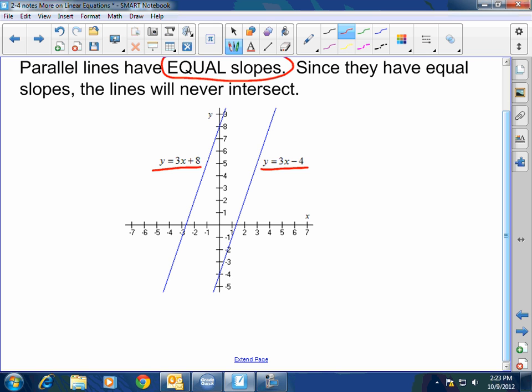When the slopes are the same and the y-intercepts are different, they are called parallel lines, and they will never intersect. So the slopes, 3 and 3, are the same. You have all of this on your sheet.